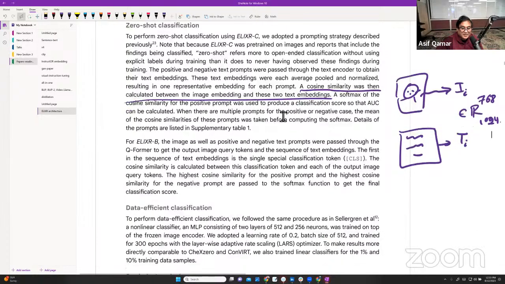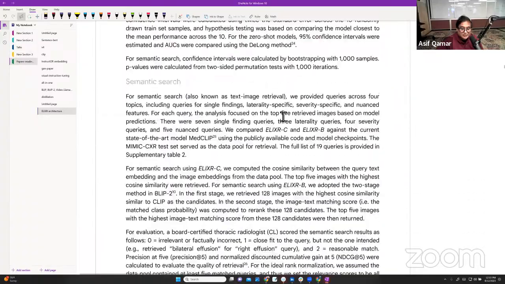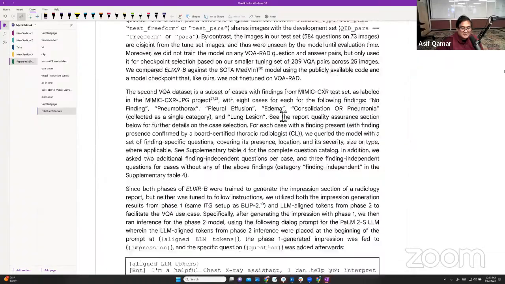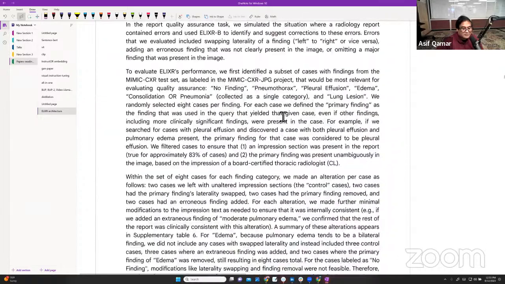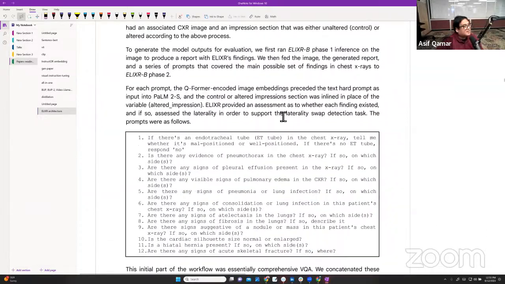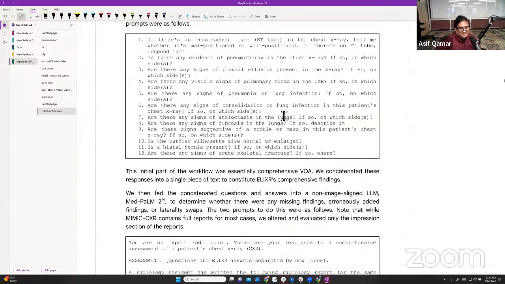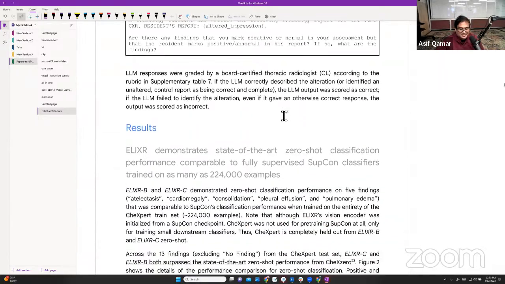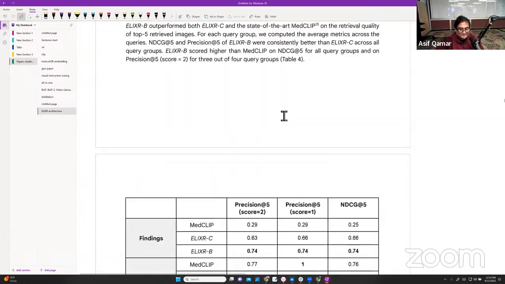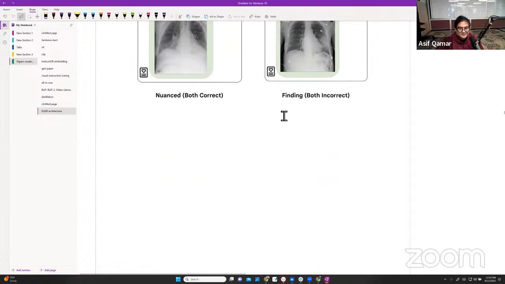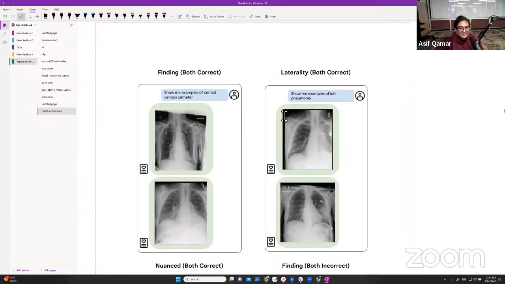So when you look at this result, I find that very interesting. What I found interesting is that it can capture misdiagnosis. So here is an image in the results that I found quite interesting. Look at this picture. Findings: show me examples of central venous catheter.